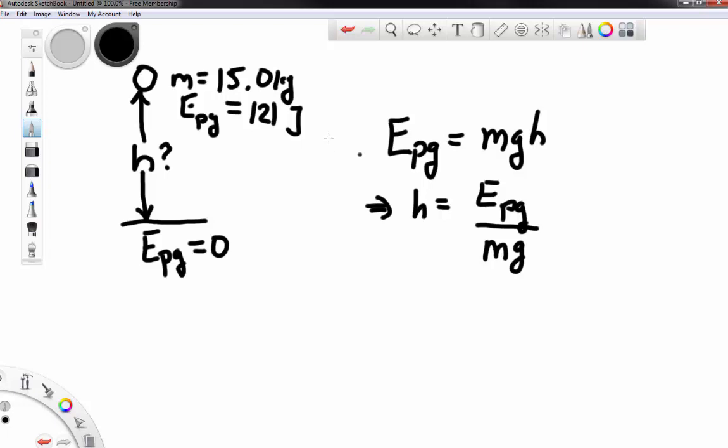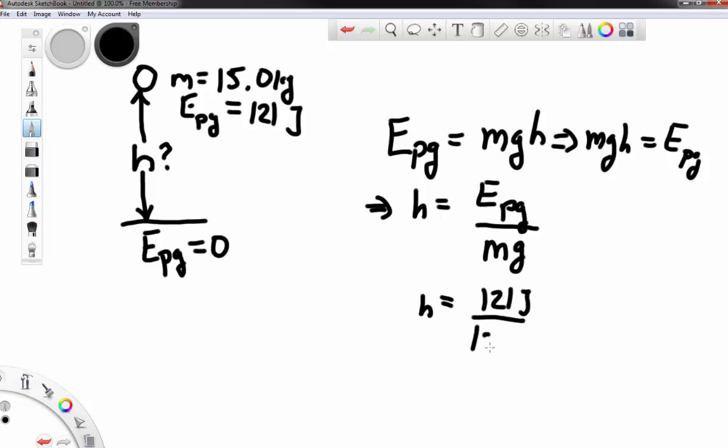I shifted the equation around so that mgh is equal to E_pg, and then I solve for h by dividing both sides by mg. So the height is given by 121 joules divided by 15 kilograms times 9.8 meters per second squared.